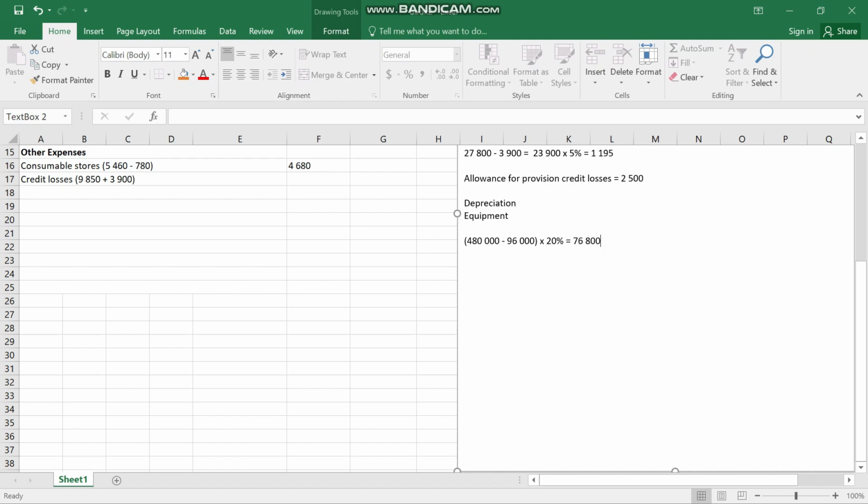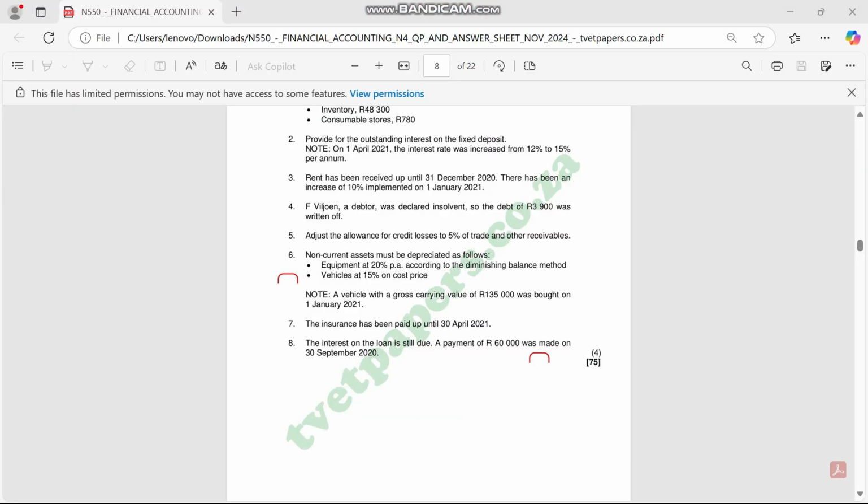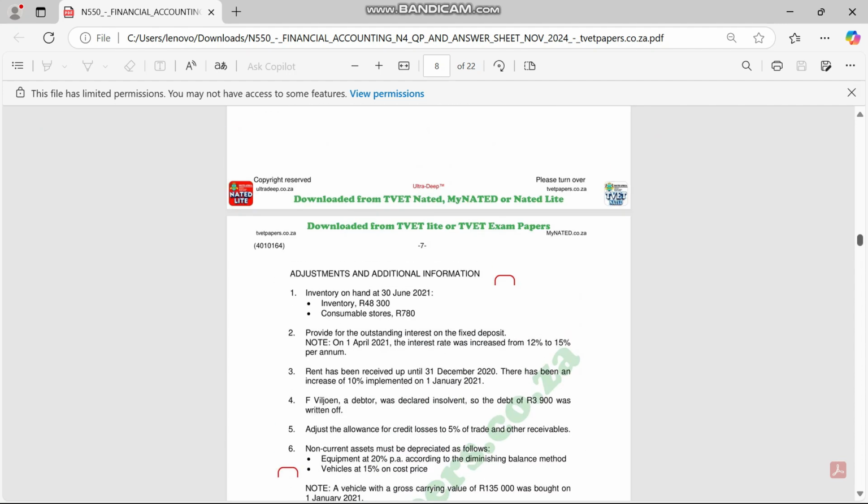Anyways, we continue to vehicle, starting with the old vehicle. As you can see here, we have a new vehicle with a gross value of 135,000, bought on 1 January 2021.